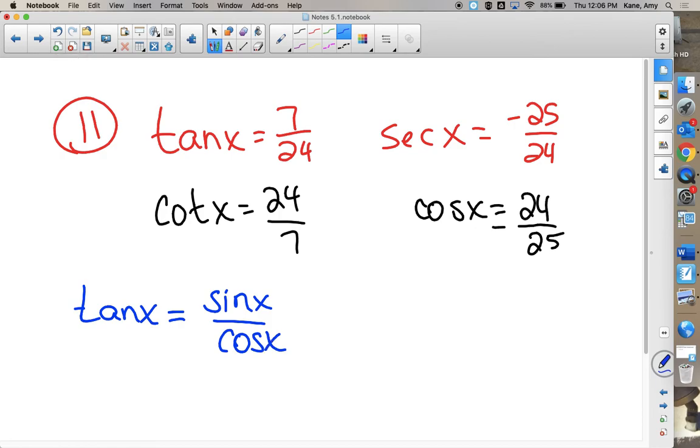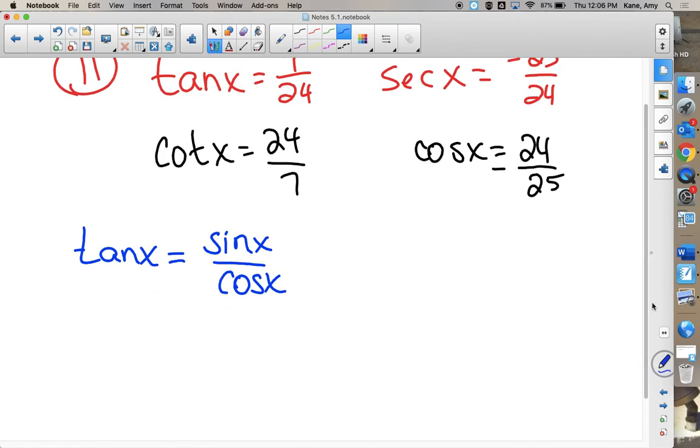That would be one option, and then pretty much fill in what you know. So this is one way that you can find it because we know tangent and we know cosine. So just showing you what that would look like. Tangent is 7 over 24. We don't know sine, but we know cosine is 24 over 25 and it's negative.